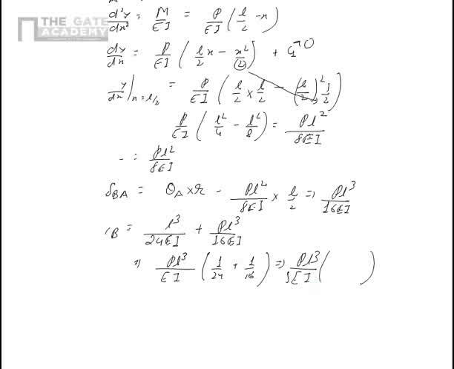I take out 8 common, so this becomes 1 by 3 plus 1 by 2, and that becomes 5 by 48 PL cube upon EI. That's the answer. So the tip deflection at the point B is 5 by 48 of PL cube upon EI.